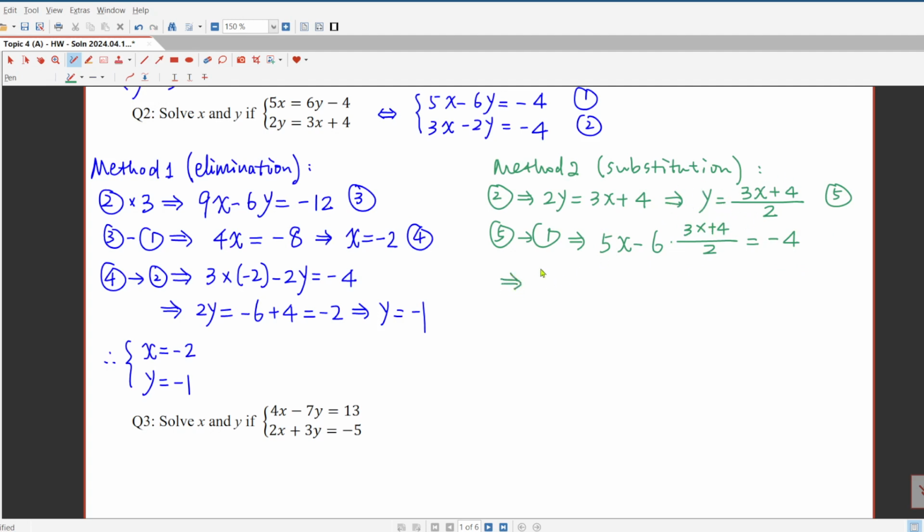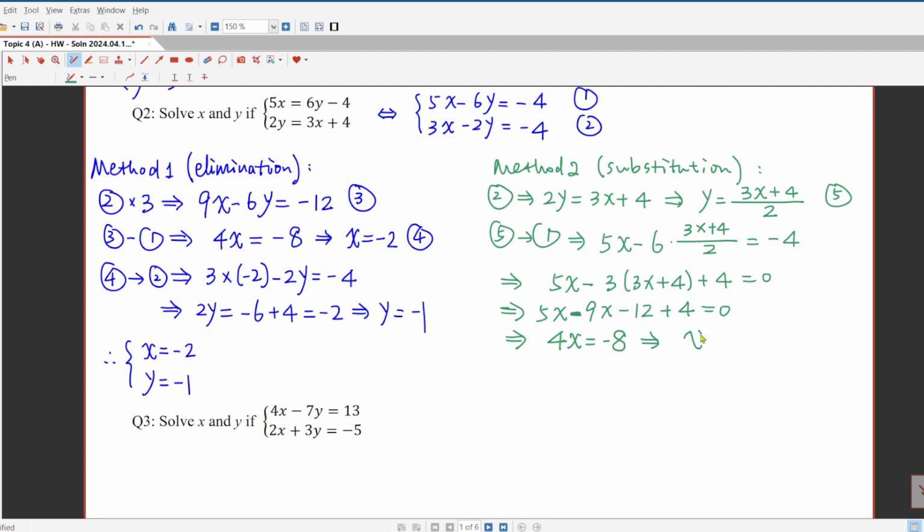So we can simplify this to 5x minus 3 times (3x plus 4), then plus 4 equals 0, right? And this gives us 5x minus 9x minus 12 plus 4 equals 0, which means 4x equals negative 8.